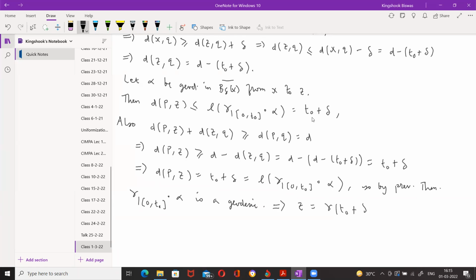And the distance of ZQ is equal to D minus T naught plus delta. But that implies that T naught plus delta belongs to A. That's a contradiction. Right? So we're done.